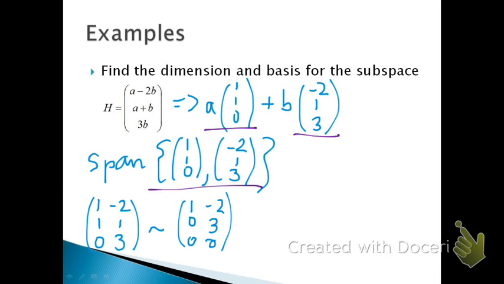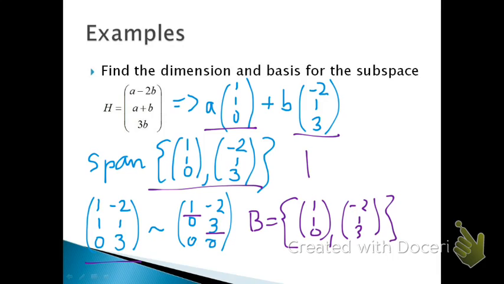Making a matrix with our vectors and putting it into row echelon form, we notice that we have a pivot in every column. Therefore, these vectors are indeed linearly independent, so a basis is these two vectors. If we want the dimension of my space, there are two vectors in my basis, so the dimension is equal to 2.